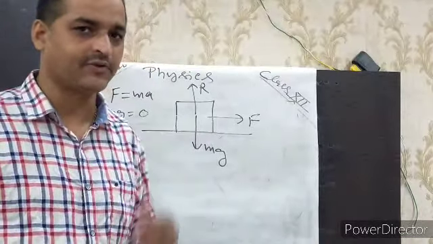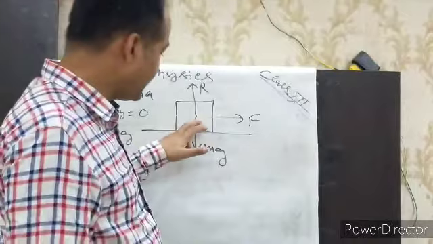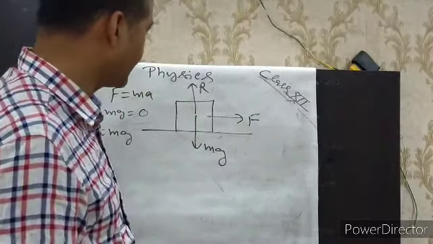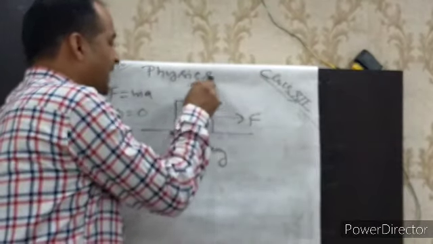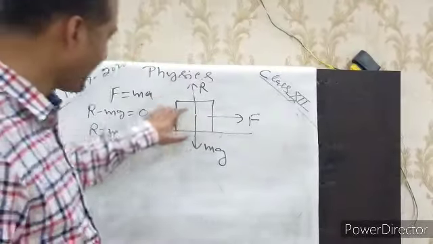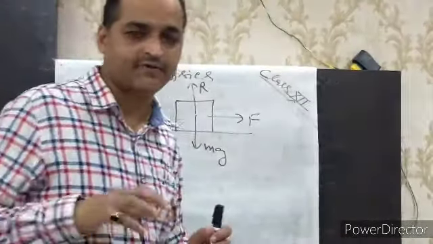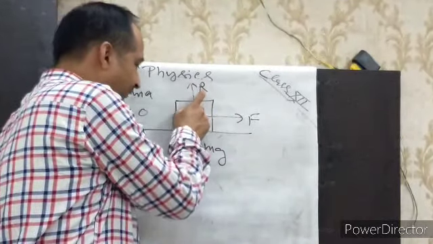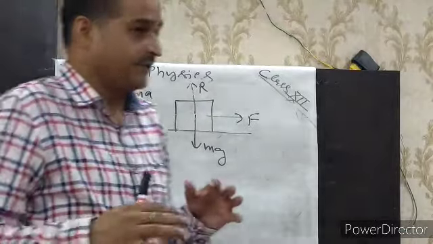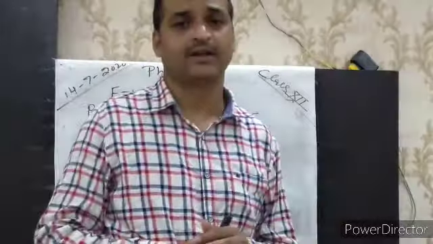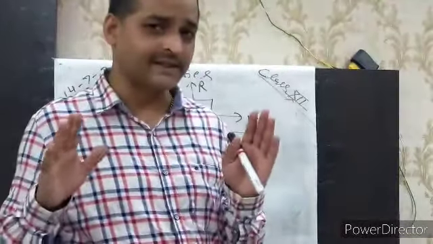What happened? Actually, when you try to shift the table in this direction, you apply a little force, and then this normal reaction is the friend of this table, the friend of this block. If you are a friend of someone, you will help, and everyone in this universe actually wants to remain at its own position.